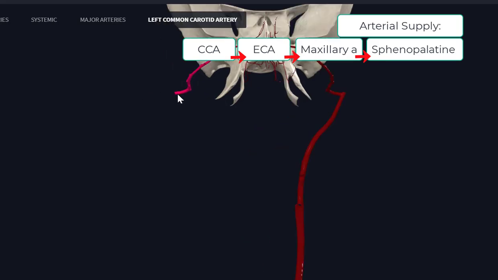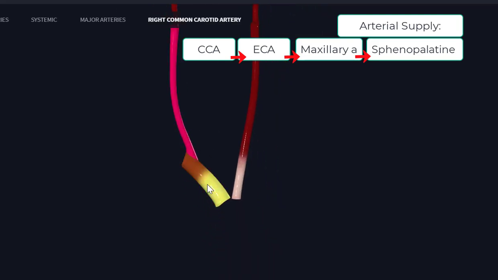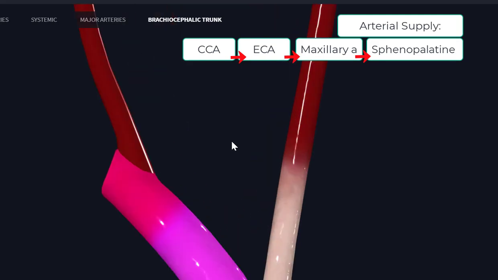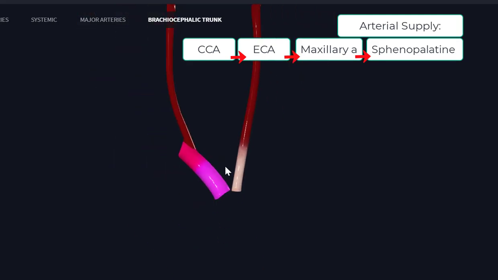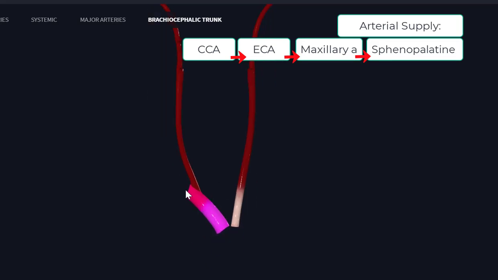But if we talk about the right maxillary artery, we can talk about the right external carotid artery as well as the right common carotid artery and the brachiocephalic trunk. Brachio means arm, cephalic means head. So through this trunk, the arteries are going to divide towards the head, cephalic, or towards the arm, brachial.